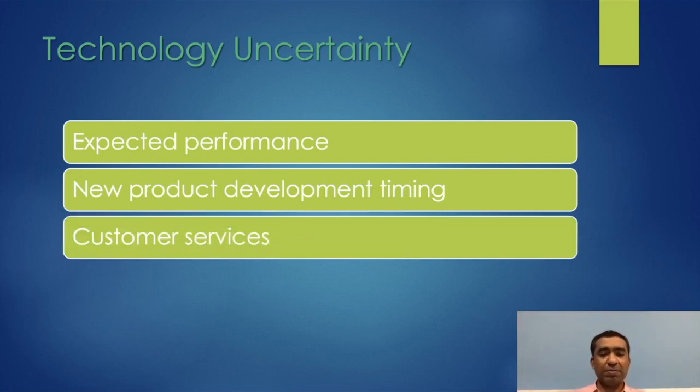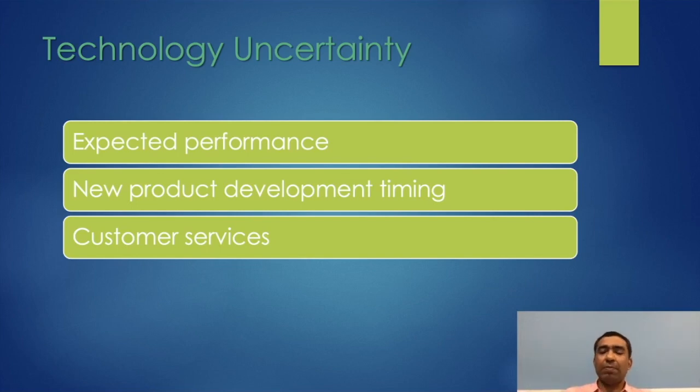Now, customer service is also a very important part. People have fear, and the technology is also required for providing them appropriate services. Have their problems been solved or not? Can we use technology to solve their problem? So that is also uncertainty in the market due to the technology.